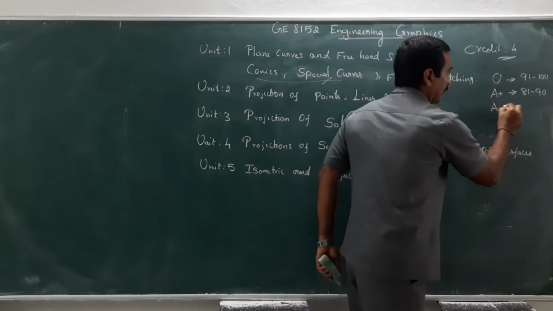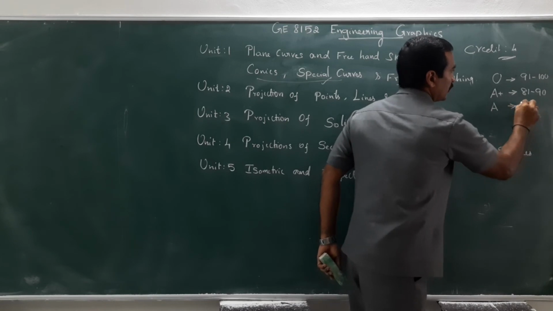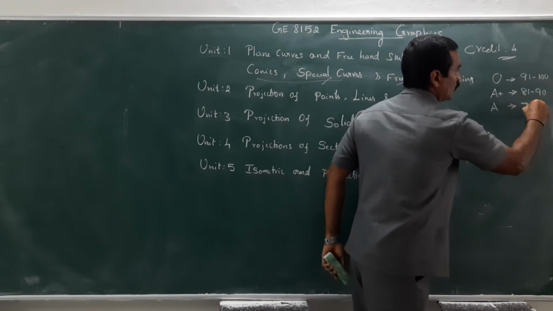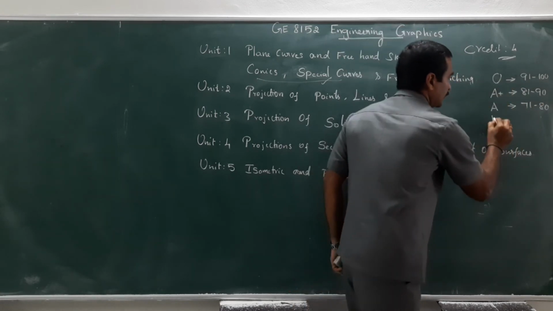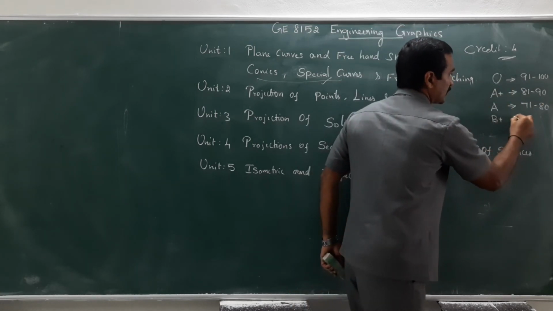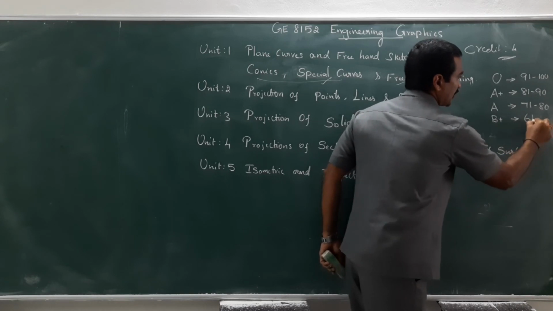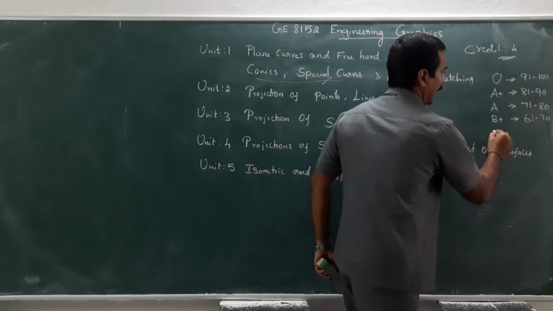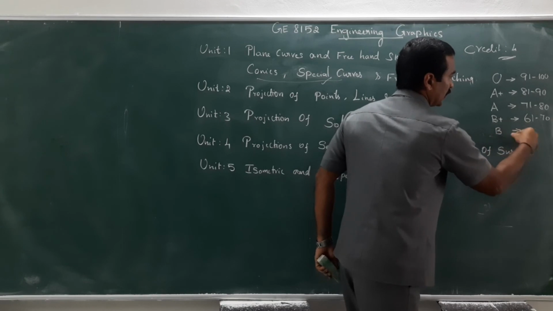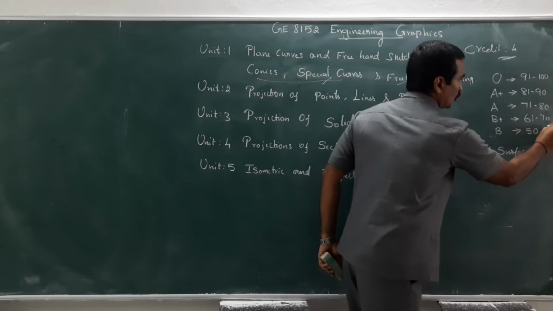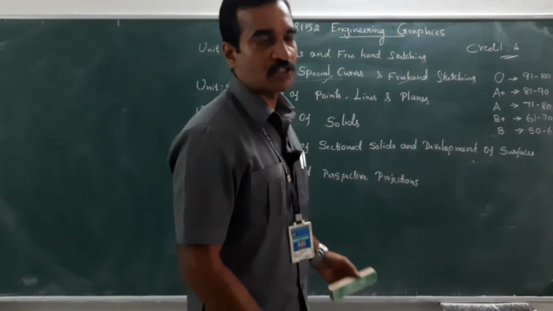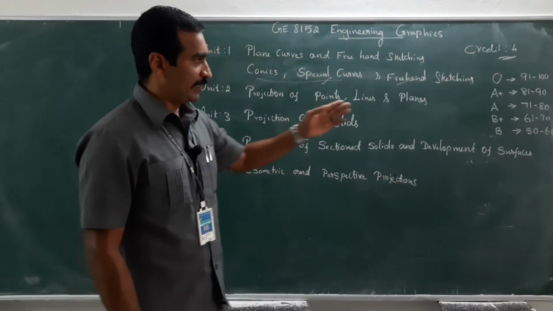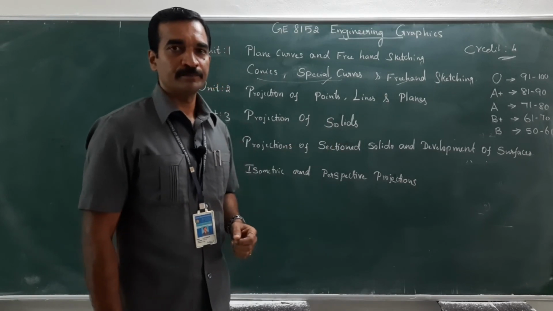The grade A, that is 71 to 80. Then comes B plus, which is 61 to 70, and B, which is 50 to 60. The minimum pass mark is 50.